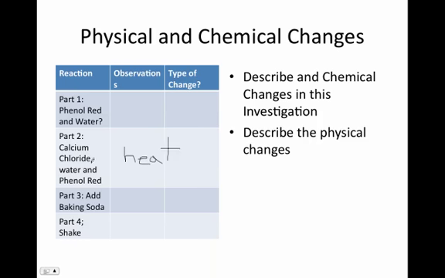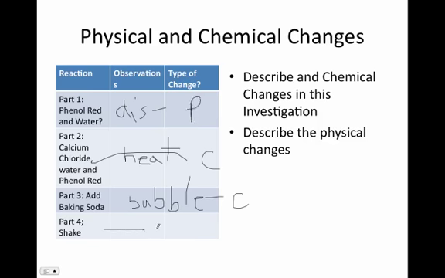So when this happened, it was C for chemical. And then we added baking soda, and it started to bubble. And gas was being given off, so that was chemical. This one was just physical because we just dissolved something. So it was just P for physical. And then we shook it, which was just a physical change.